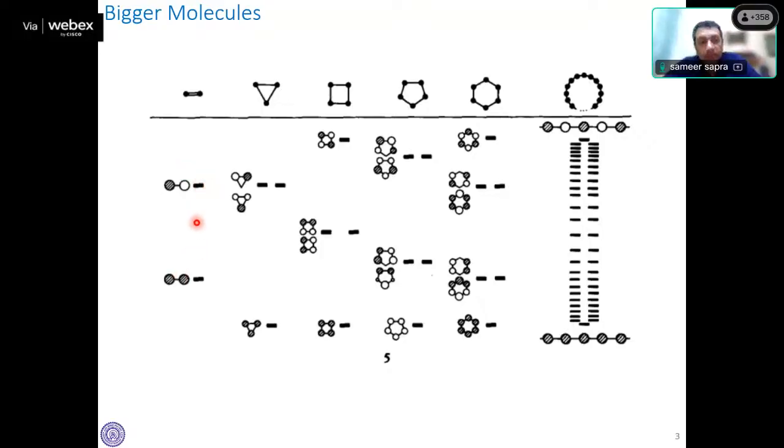The moment you come to solid, you start calling those things the top of valence band, and the bottom of conduction band, but we have still not formed any bands. So this is your highest occupied molecular orbital. And if I'm just looking at the 1s orbitals, then this is a plus plus combination, that's a plus minus combination.